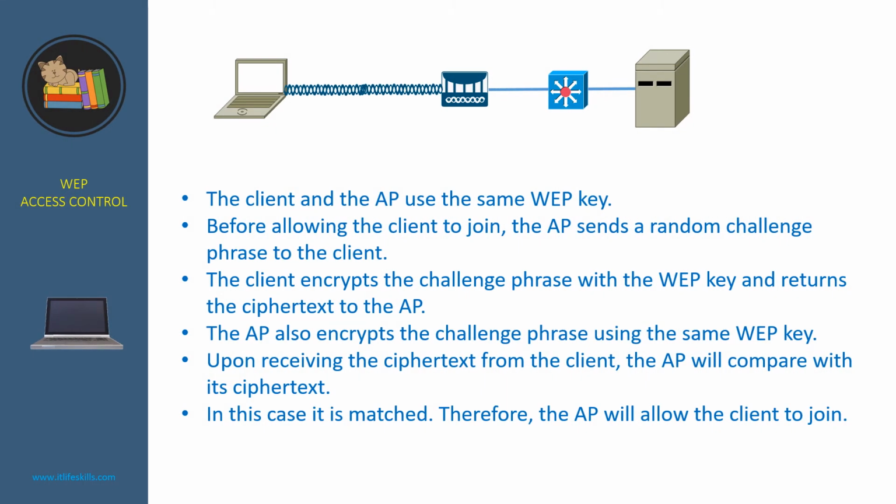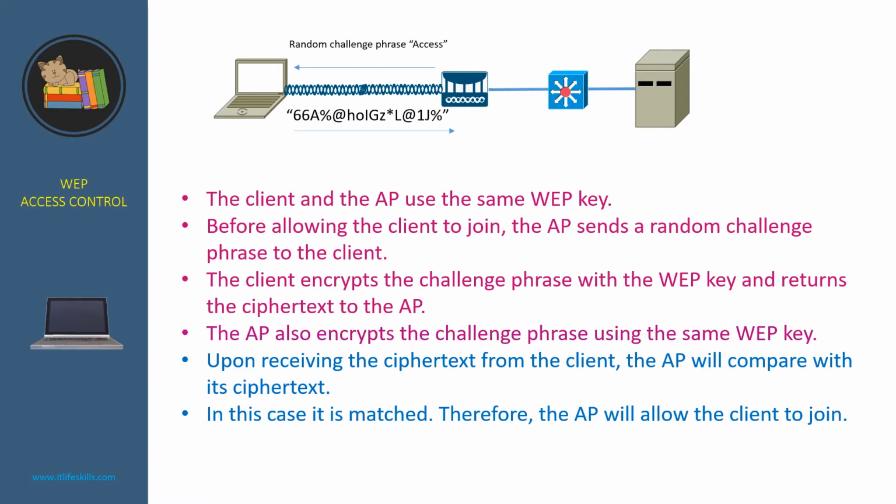Here is how WEP performs the access control. As you may know, the client and the AP use the same WEP key. Before allowing the client to join, the AP sends a random challenge phrase to the client. In this case, the challenge phrase is access. The client encrypts the challenge phrase with the WEP key and returns the ciphertext to the AP, and here is the ciphertext from the client.